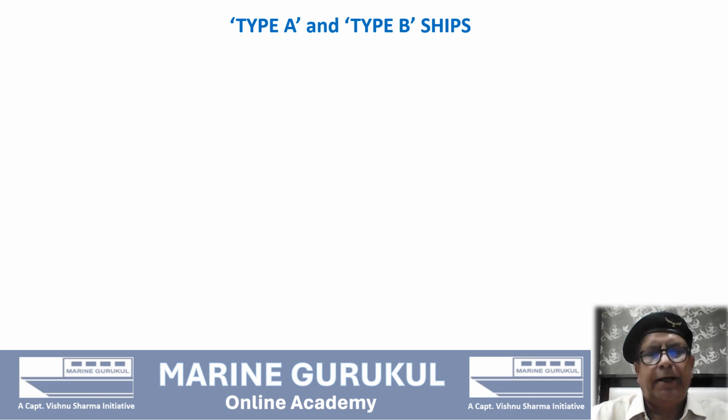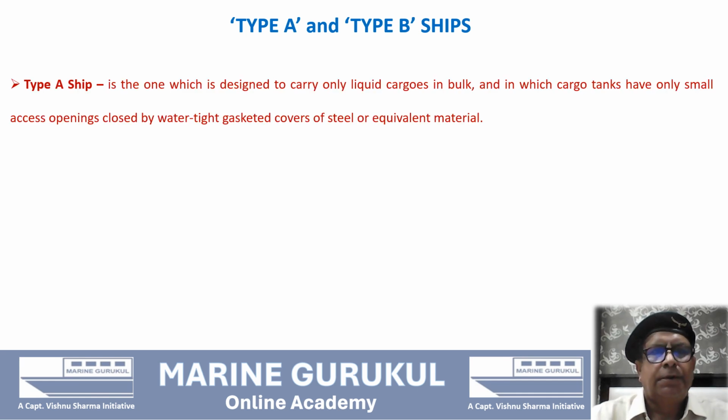Type A and Type B ships. A Type A ship is one which is designed to carry only liquid cargoes in bulk and in which cargo tanks have only small access openings closed by watertight gasketed covers of steel or equivalent material.